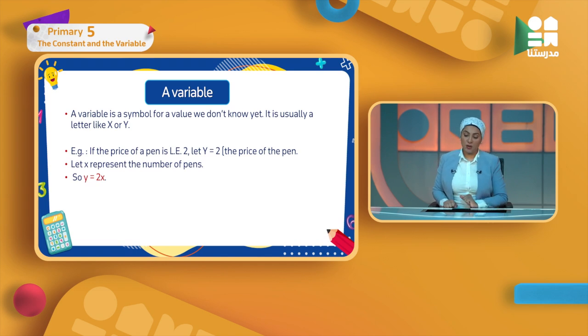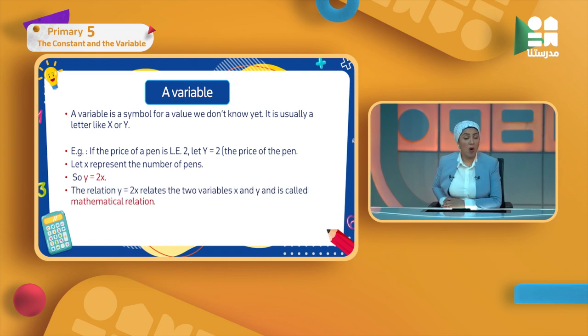I will use the relation in front of me, which is y equals 2x, depending on the x, how many pens I'm going to buy. So here the relation y equals 2x relates the two variables x and y and is called a mathematical relation. Here I'm sorry, x and y, both of them are variables.